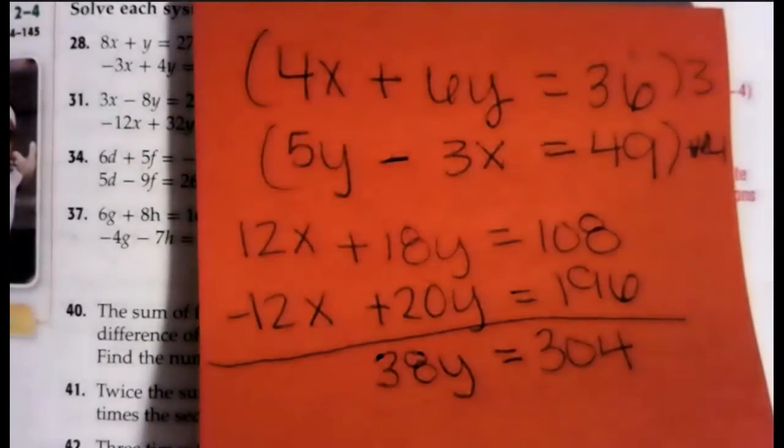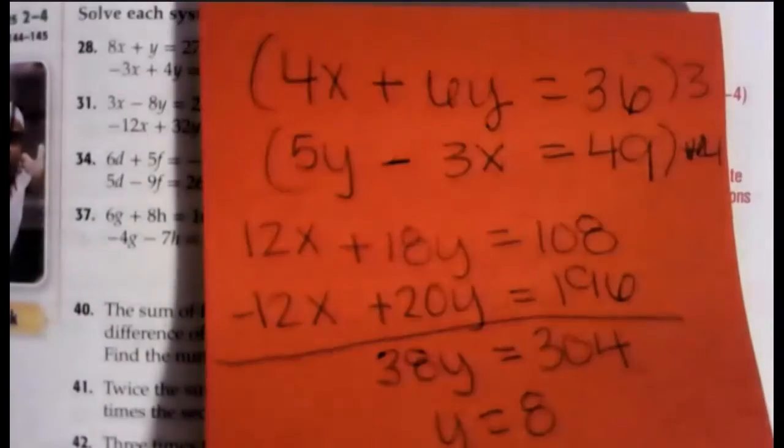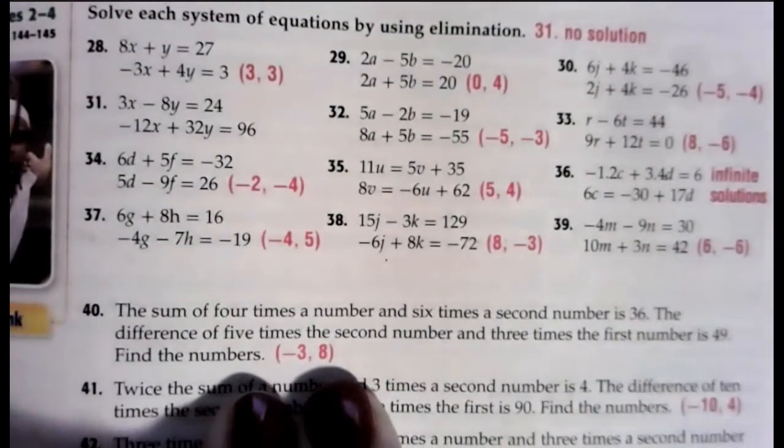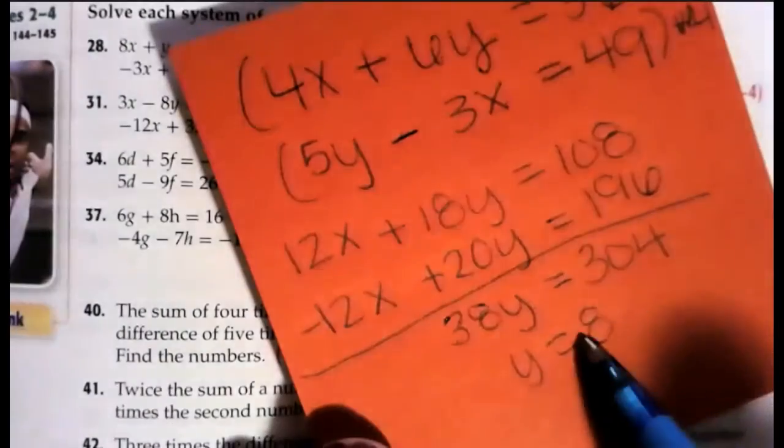Then divide 304 by 38, and we get 8. You could see that was our answer down here. So the second number was 8.